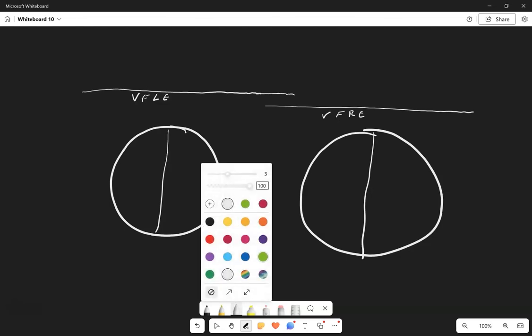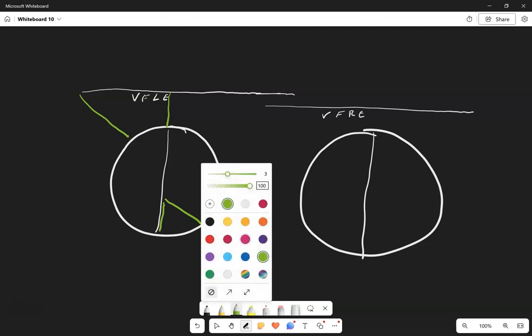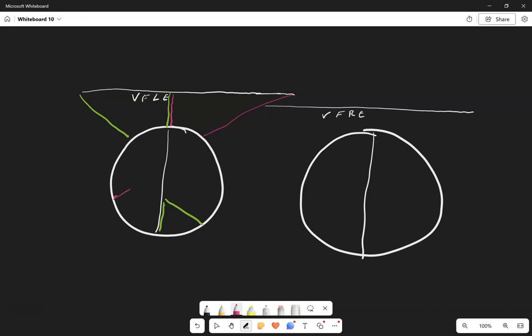So now what we can see is that this portion here will come back and get projected onto the retina over here. This portion from here to here comes back and gets projected onto the retina here and here. So you have this area here looking over here, and this area over here getting information from over here.